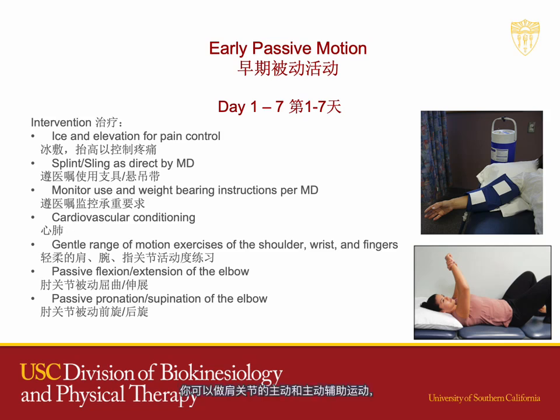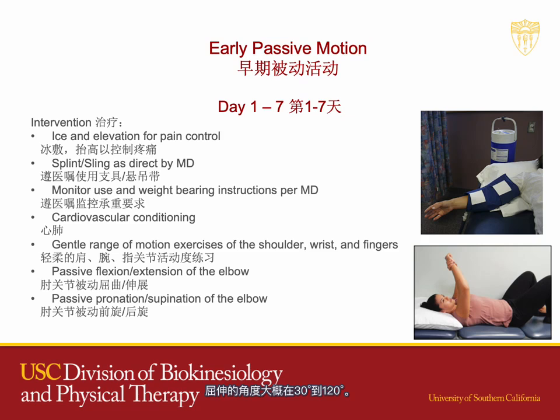So you can do active and active assistive range of motion at the shoulder, but only passive range of motion at the elbow during this first week. So when we talk about flexion and extension, again, you want to think more within an arc of motion. You are not going to try to push full extension during this first phase, especially during this first week.